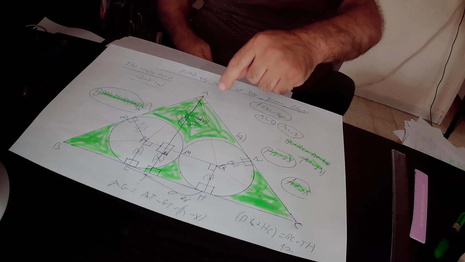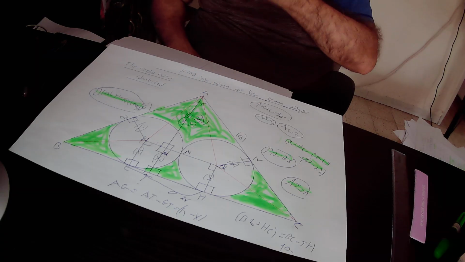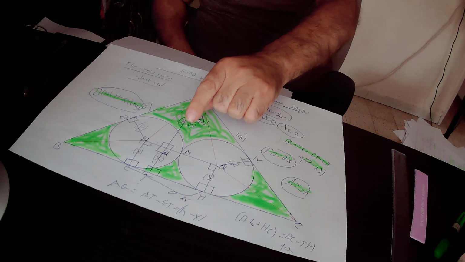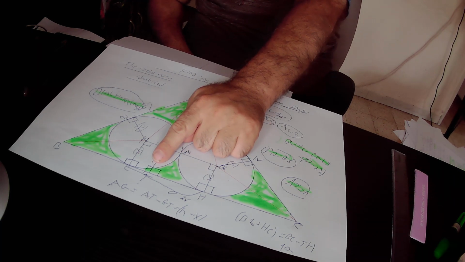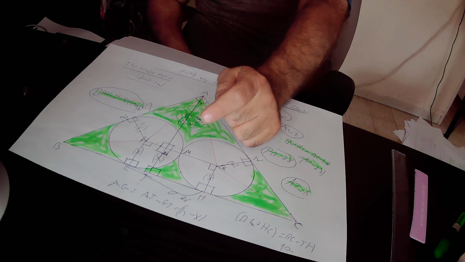So we define the height to the base AT as H. It equals H. Okay. Again, this angle equals 90 degrees, this angle also equals 90 degrees according to our construction, because it is a height, so we draw a perpendicular.